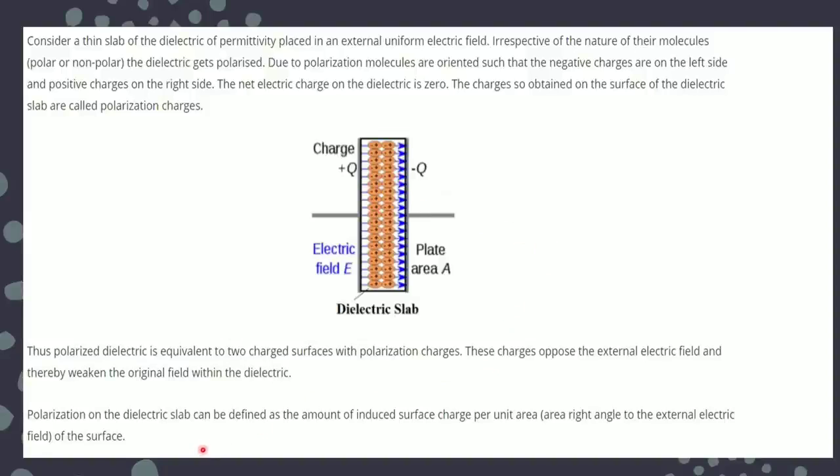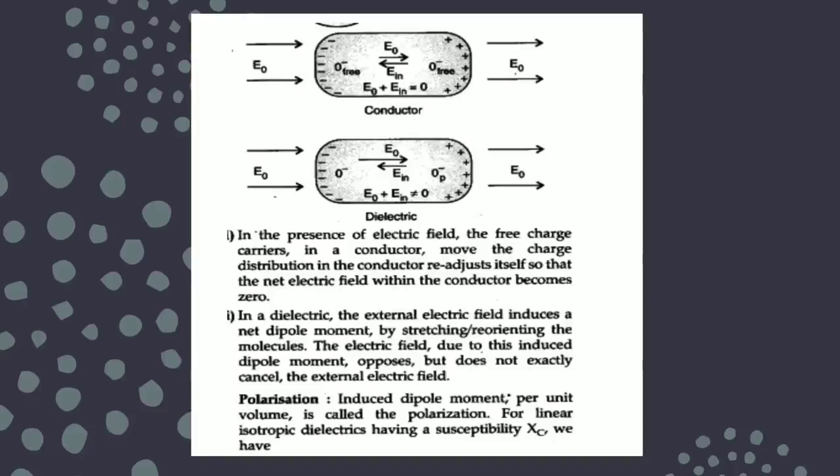Of course we will keep studying polarization in the coming chapter, but here, if you want to see the difference in the effect on a conductor and a dielectric kept in an electric field, you can take it from here. In the conductor, when the electric field is there, because of the induced charges that cancel the electric field, the net field inside the conductor is 0.